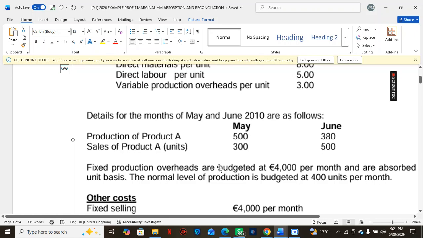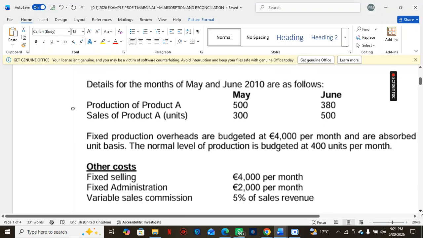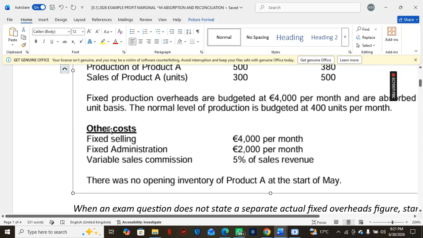Fixed production overheads are budgeted at 4,000 euros per month and are absorbed on a per unit basis. The normal level of production is budgeted at 400 units per month. Okay, then we have this other information. Other costs: fixed selling, 4,000 per month.